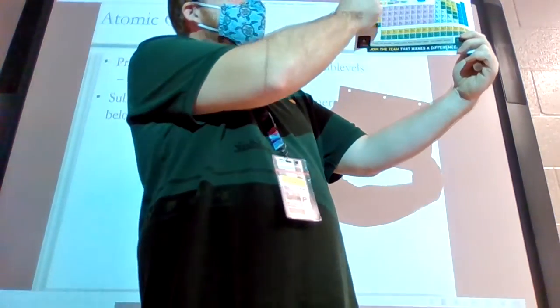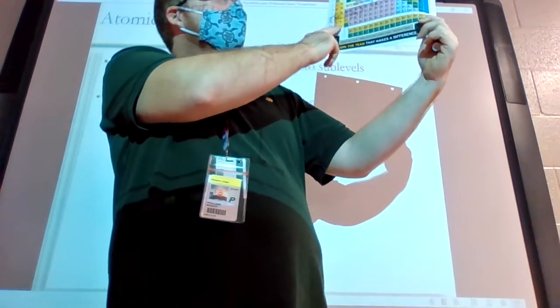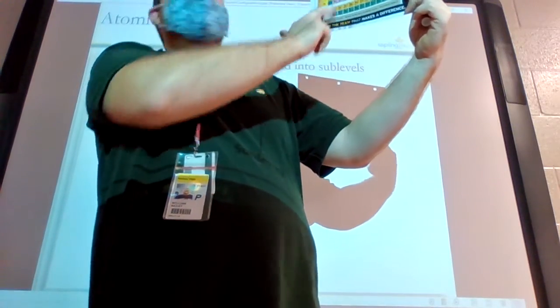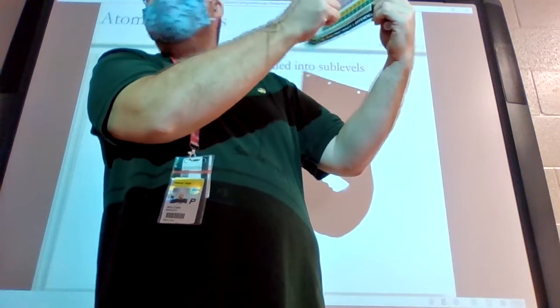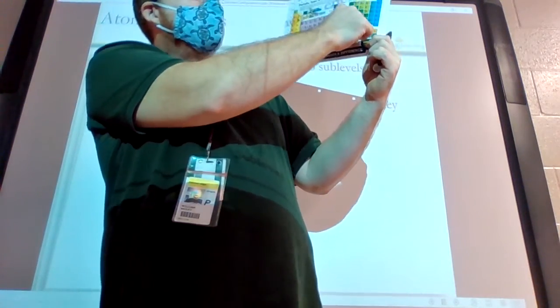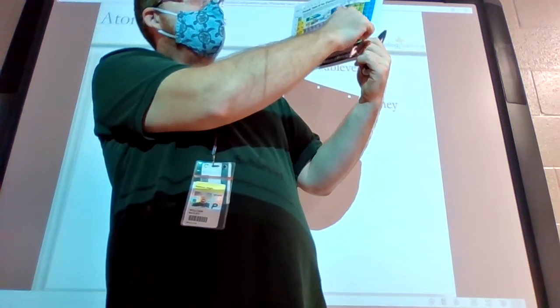The S columns are the first 2 on the left. So you have orange and yellow right here in these 2 columns. Those are S. When you get into P, that's this square block over here with the light blue, the dark green, the light green, and then the 2 blue colors on the end.